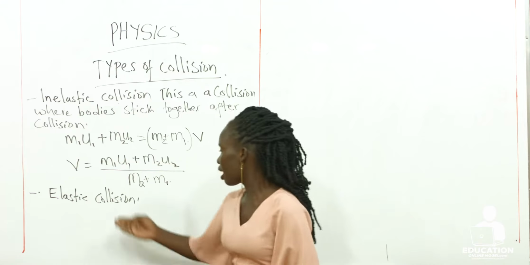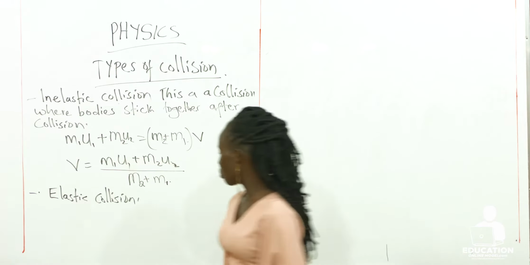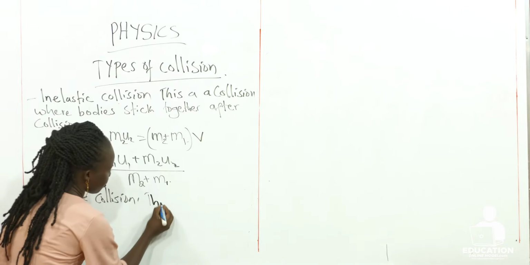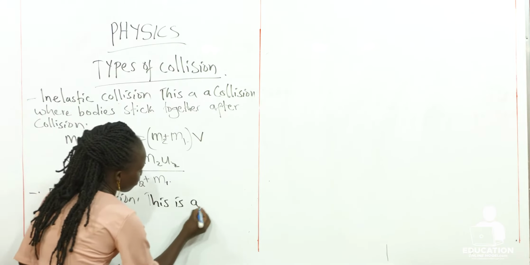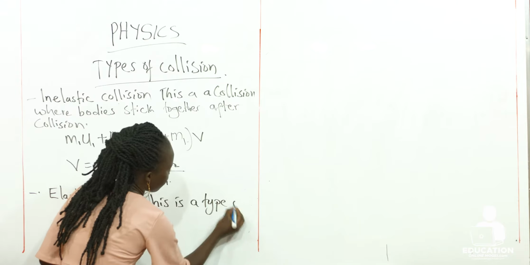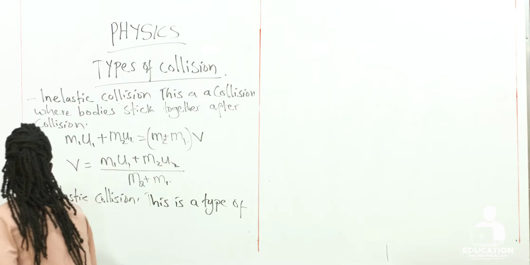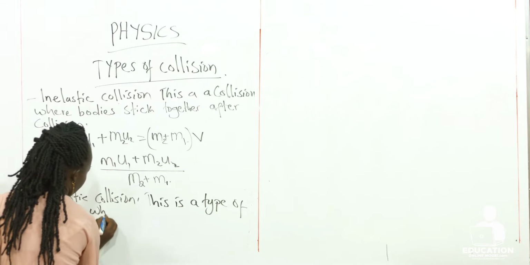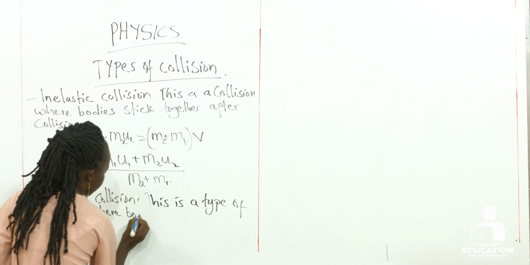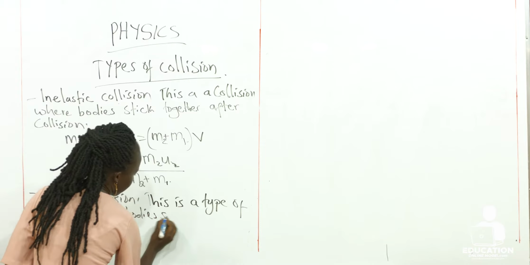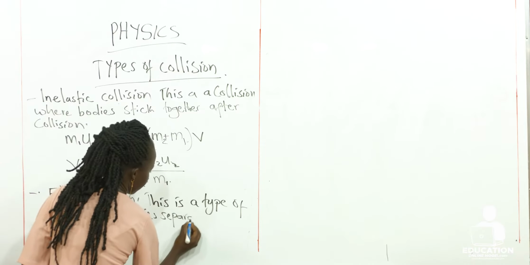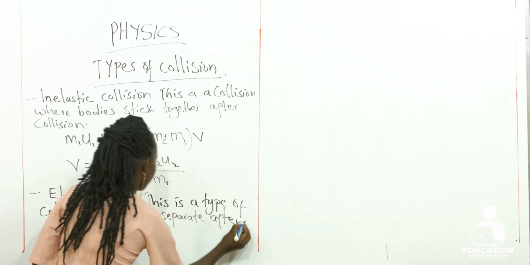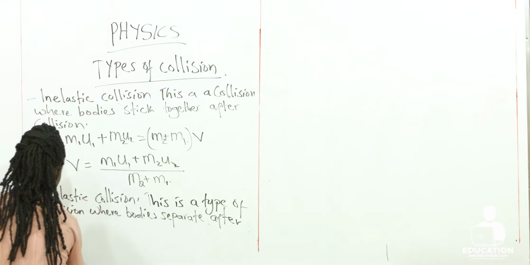So we shall say elastic collision is a type of collision where bodies separate after colliding.